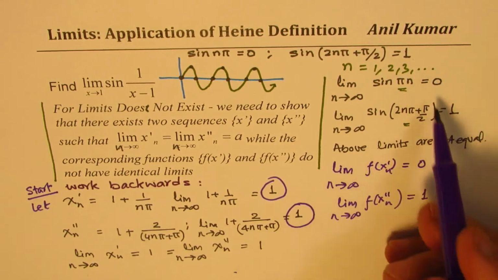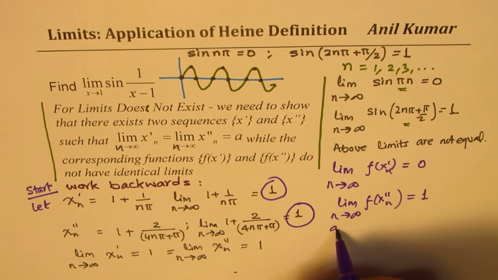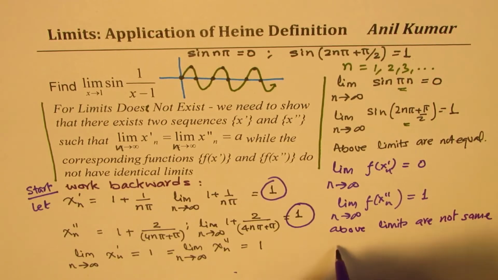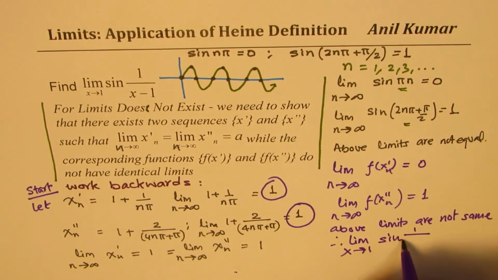And these two limits, as you have seen here, are not equal, right? They are not the same. Therefore, the limit as x approaches 1 of sine of 1 over x minus 1 does not exist.